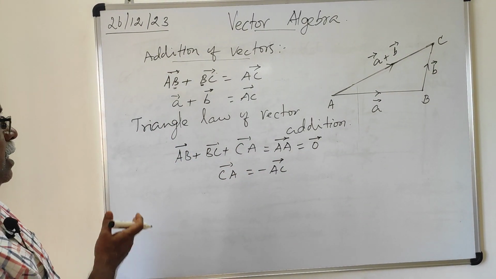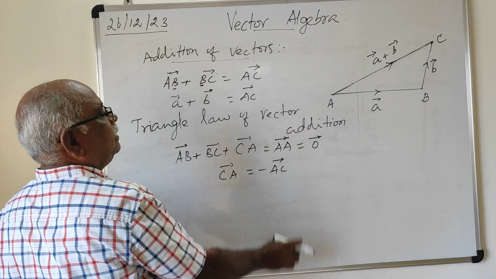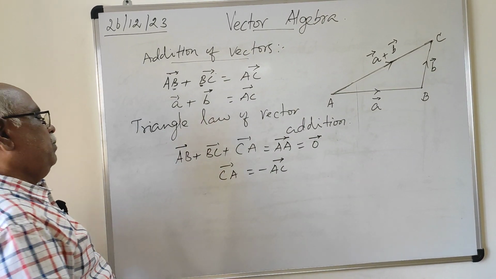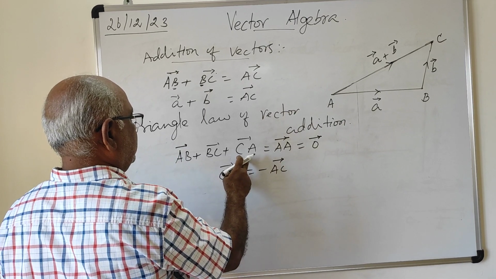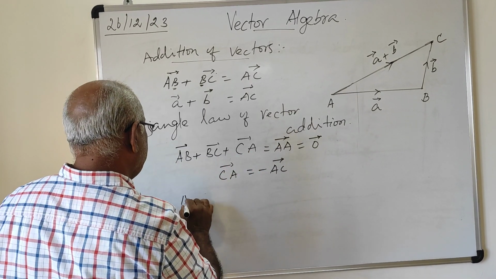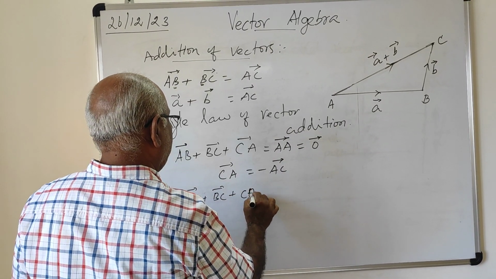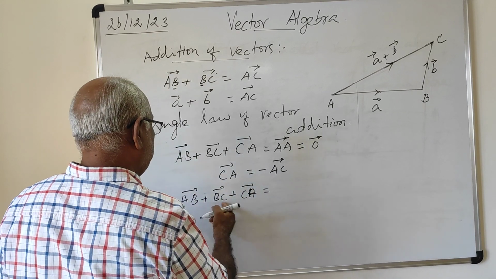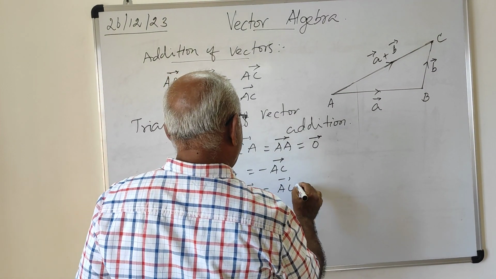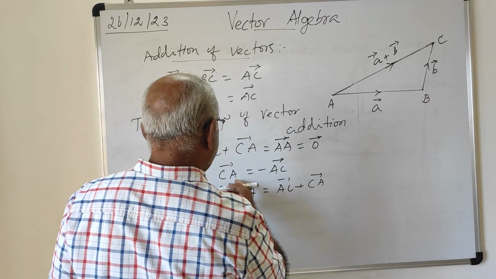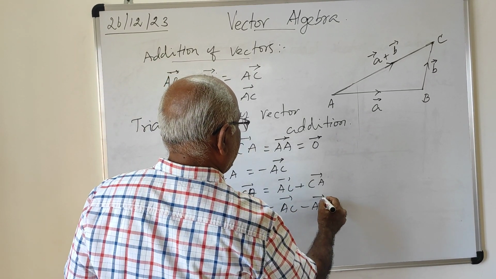AC is in the direction A plus B, and CA is minus of A plus B. Therefore AB plus BC plus CA equals AB plus BC, which by the triangle law is AC, plus CA. CA is minus AC, so you get zero.